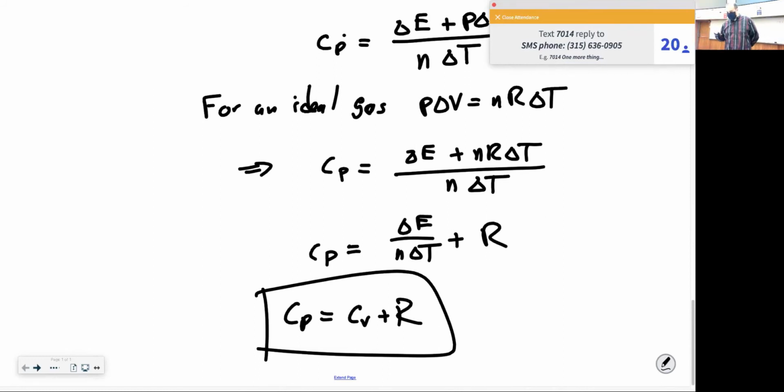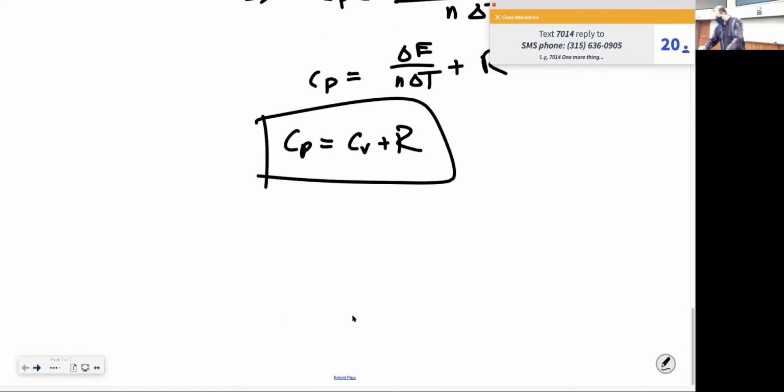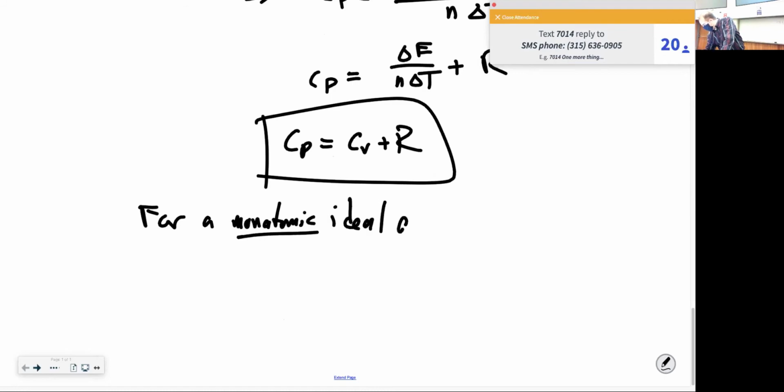We can even say more. If we insist that our gas be monatomic, what do I mean by monatomic here?